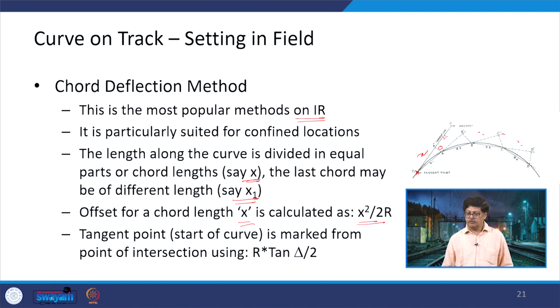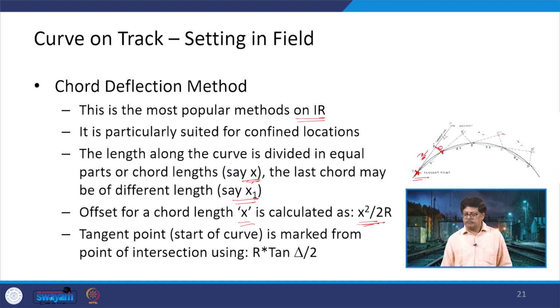Now, first of all what we do is from the point of intersection we go back and mark the point T, which is the tangent point. Once we have done this, we move along the tangent line for a distance x, which is the distance in which the chord has been equally divided, and from there we will have a chord, and that chord will be moved here for a distance of the offset x square by 2r.